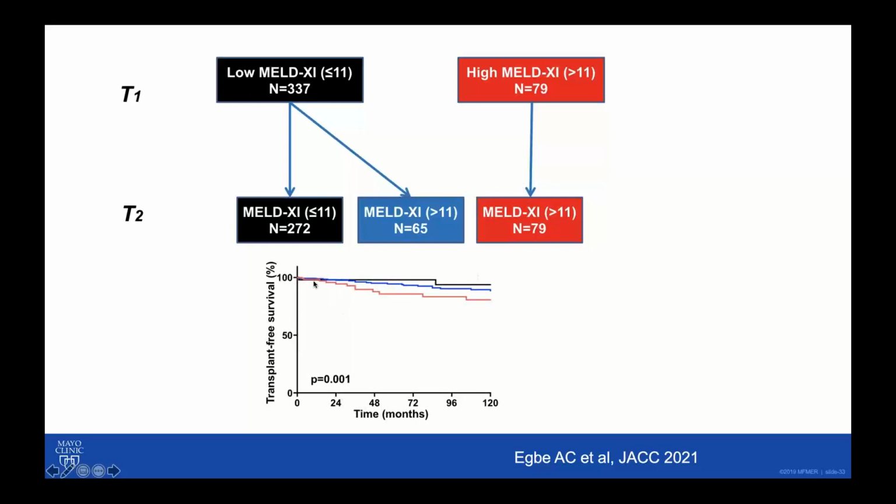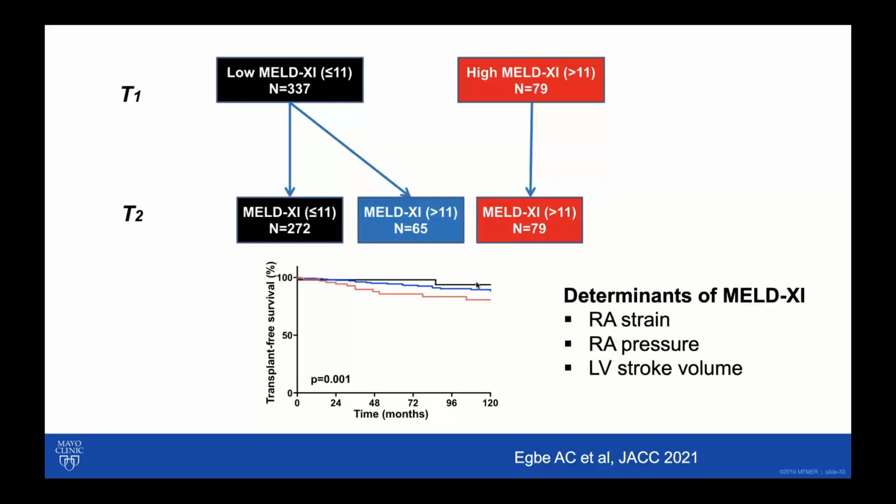The worst in those that had hepatorenal dysfunction at baseline, followed by those that had deterioration in hepatorenal function during follow-up, and those with normal. So this is when you're looking at temporal change in hepatorenal function without any intervention from the physician.